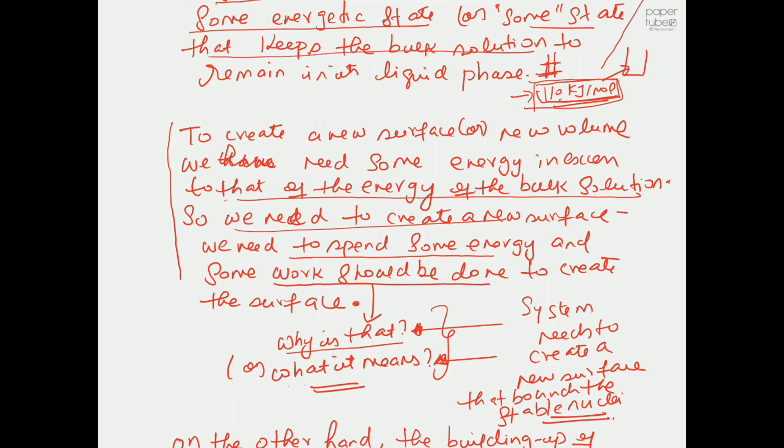What does it mean? It means this is not a spontaneous process. When I say the system needs to do some work in order to create that surface, it means it won't happen naturally.